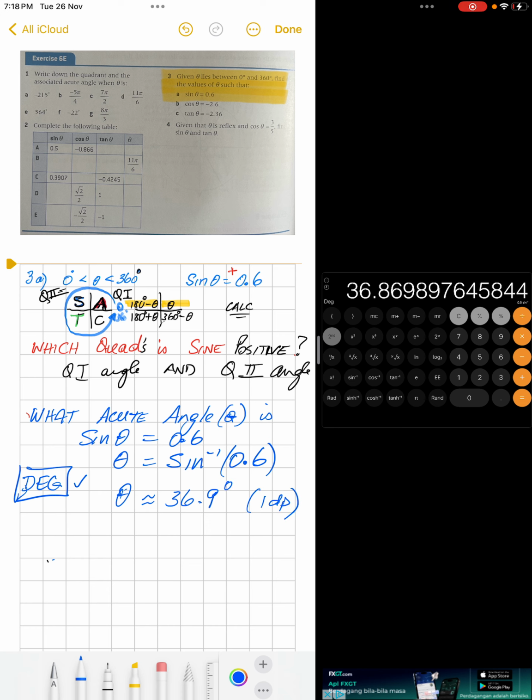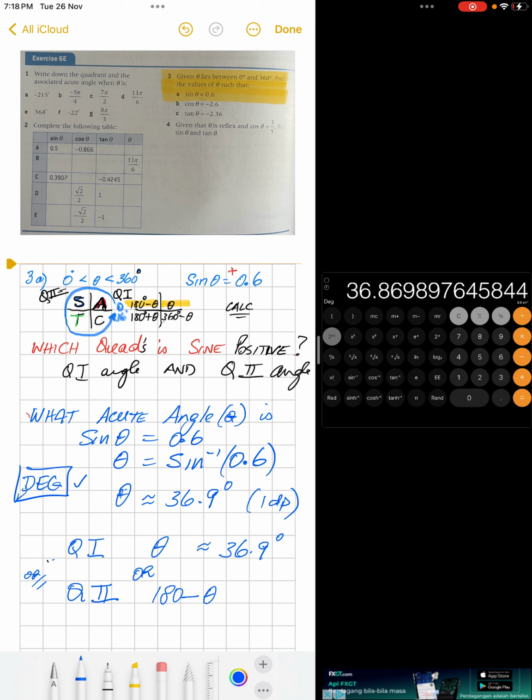Well, there is my acute angle, and we already highlighted that our answer is in quadrant 1 or in quadrant 2, which means our rules are theta in quadrant 1, or 180 minus theta. So theta could be 36.9 degrees. That's one of the answers.